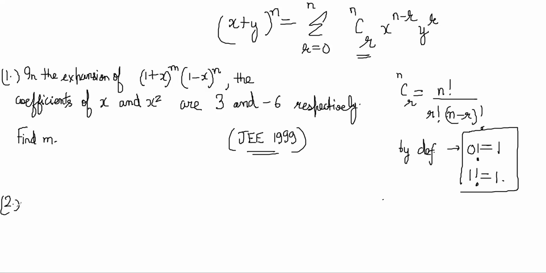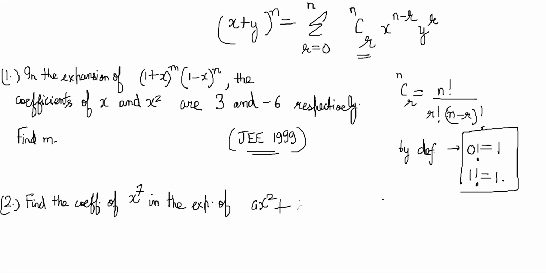The second question is, find the coefficient of x power 7 in the expansion of (ax square plus 1 by bx) to the power 11.